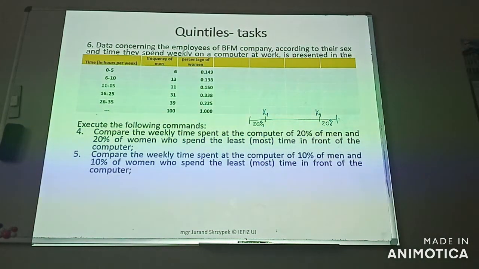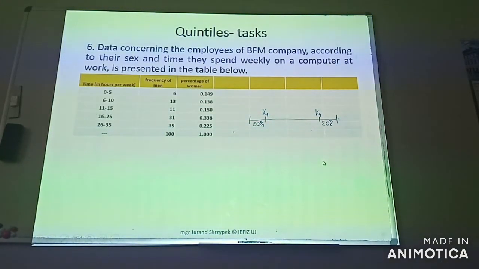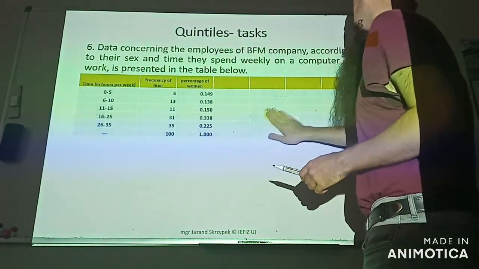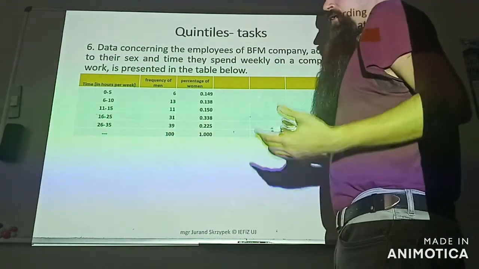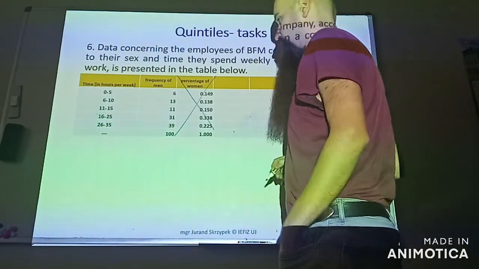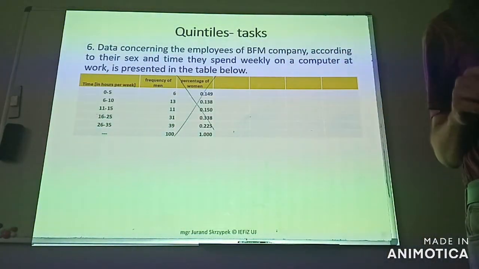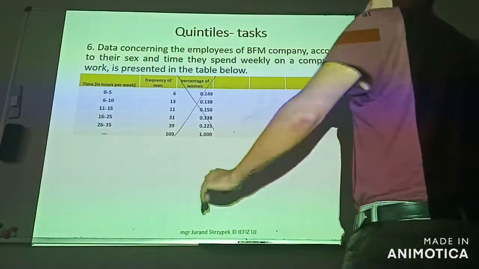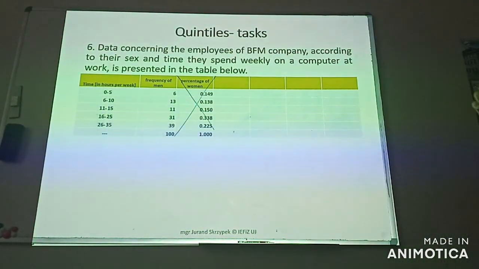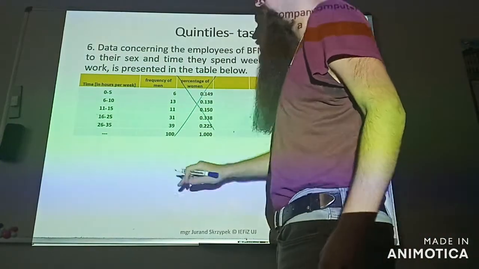We can start our analysis with the group of male employees. First of all, so at the moment we don't care about the women. We deal with the frequency of men. First of all, here we have the frequencies.